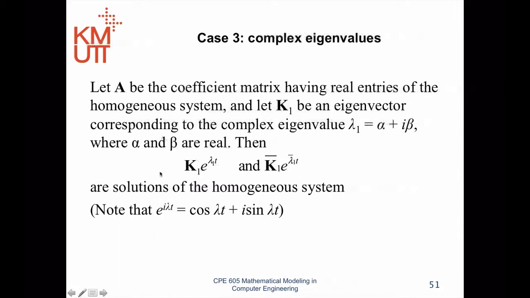Having one solution in the complex form, we would have another solution, if the system has an order of 2, in the conjugate form of the first solution. We need to rely on the Euler relation in order to solve for the closed form of the complex eigenvalues.